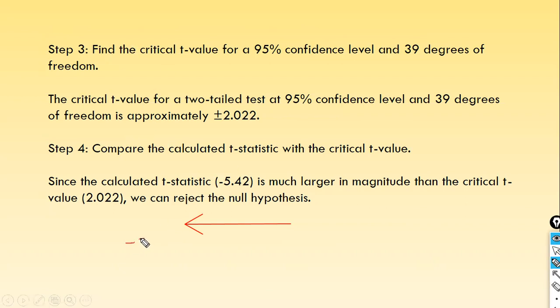The t value is minus 5.42. If the t value is less than negative 2.022, or if the t value is greater than plus 2.022, in this case the magnitude is larger compared to this one, so we can reject the null hypothesis.